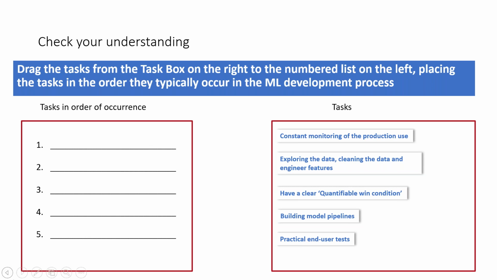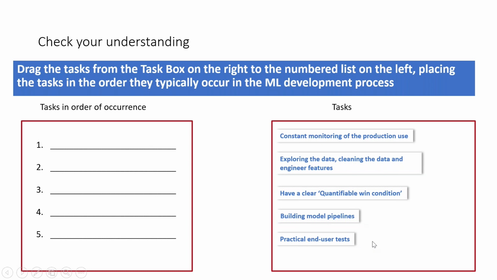What you have to do for me is put them in the right order. So what will go into 1 out of these 5? Constant monitoring of the production use, exploring the data, cleaning the data and engineering features, have a clear quantifiable win condition, building model pipelines, practical end user tests.